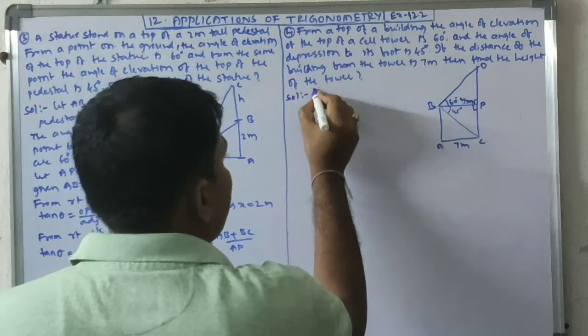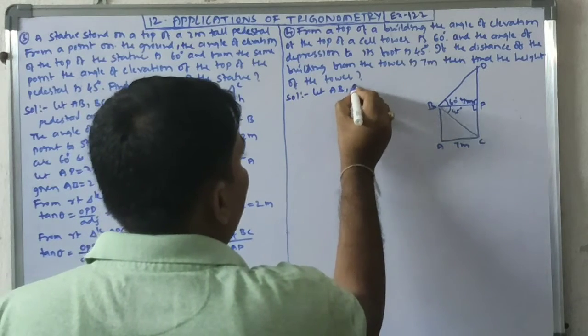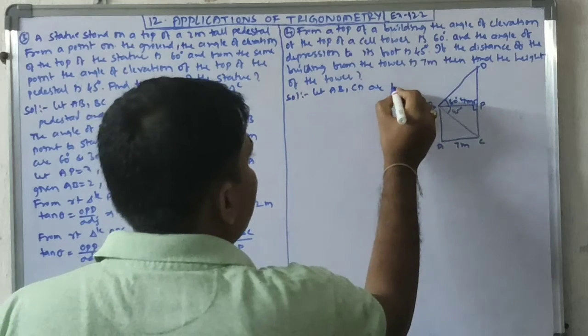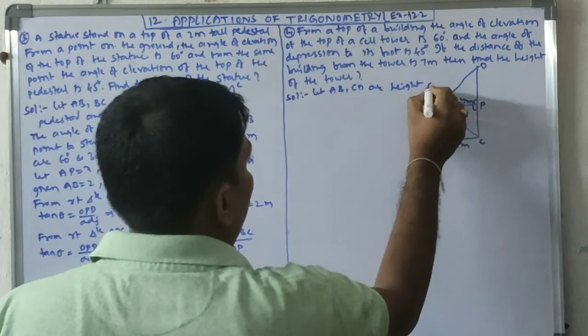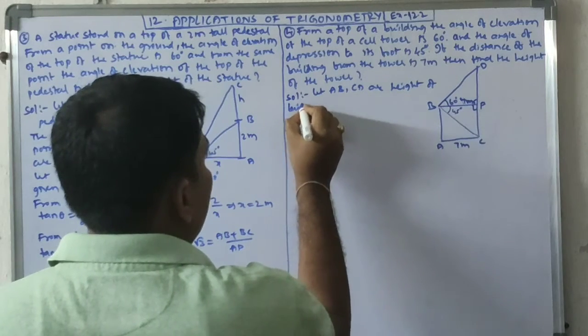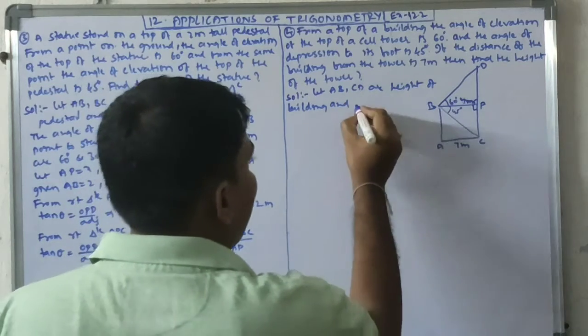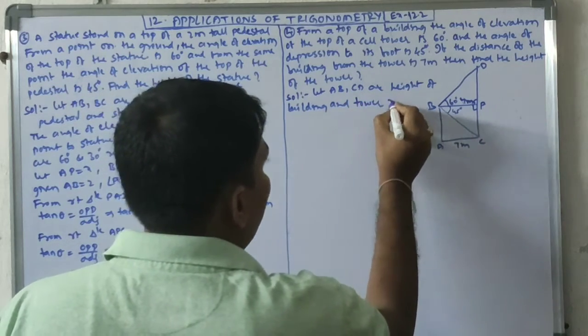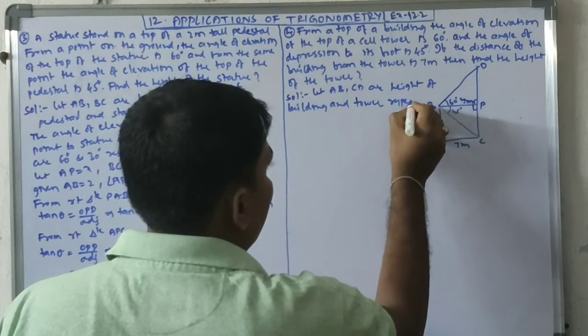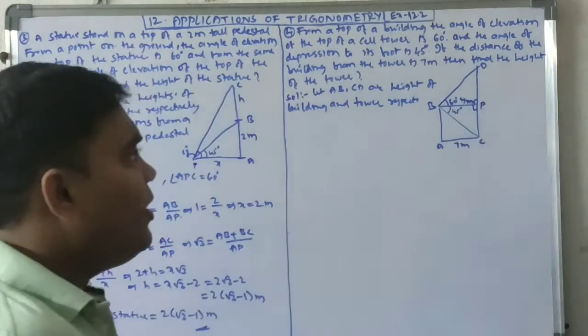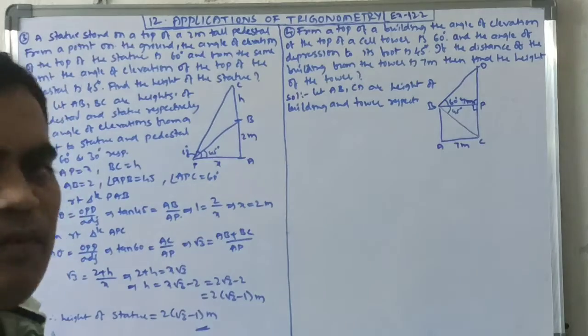Solution. Let AB and CD be the heights of the building and tower respectively. So AB is the height of the building, CD is the height of the tower.